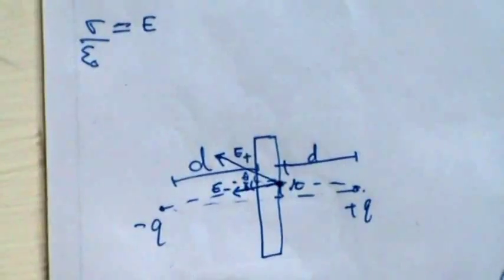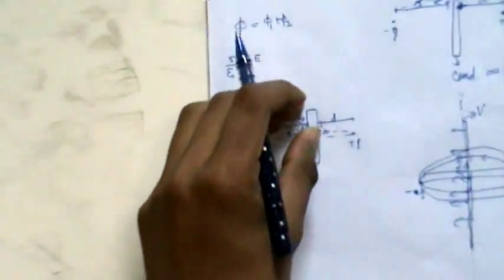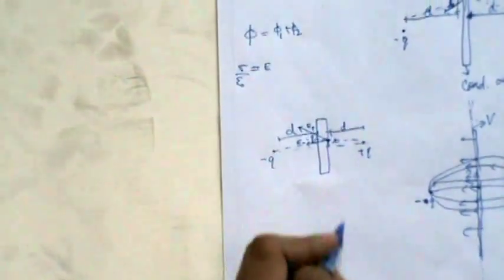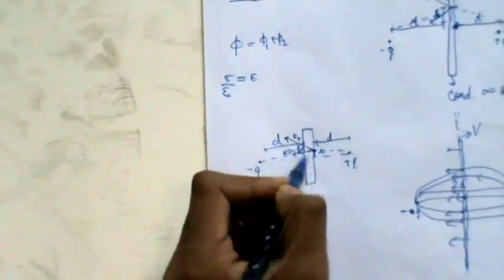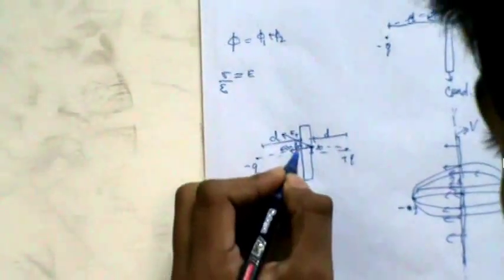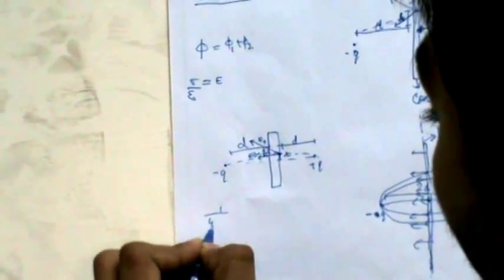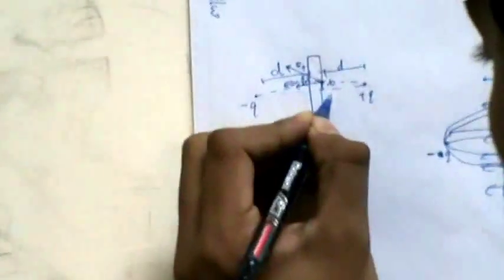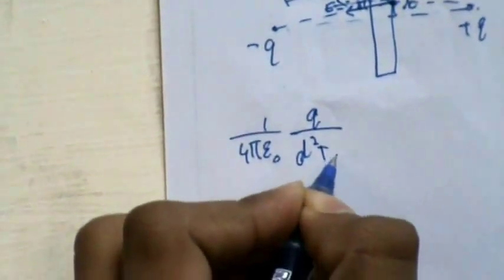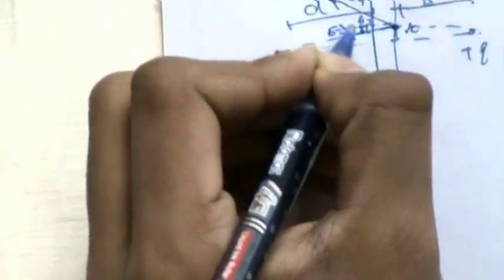So the effective electric field, we know that by symmetry this and this components will cancel, so it will just be like this. The effective electric field at this point will be 1 by 4 pi epsilon naught q by d square plus r square into cos theta.